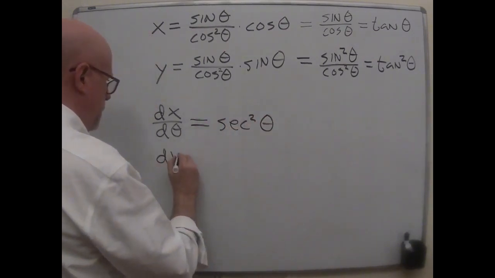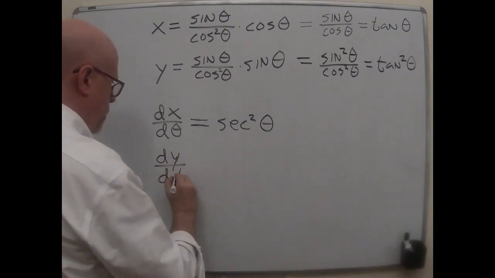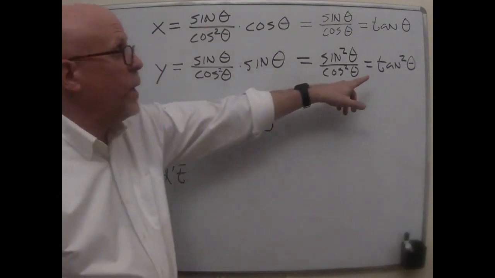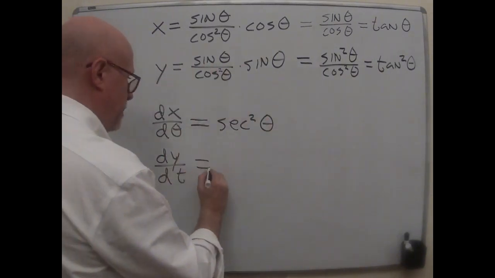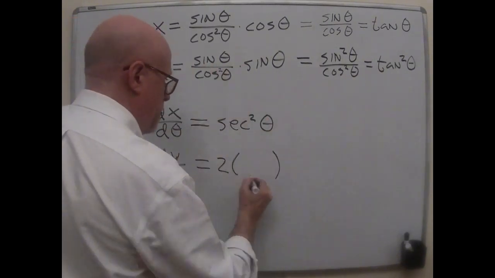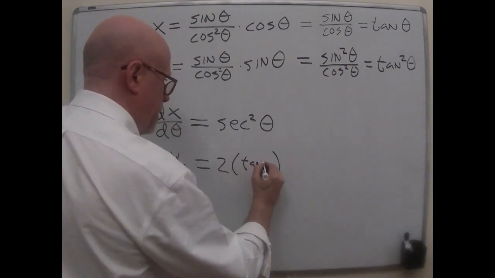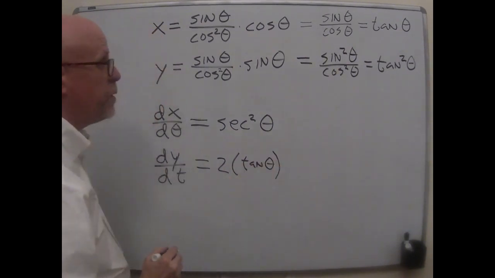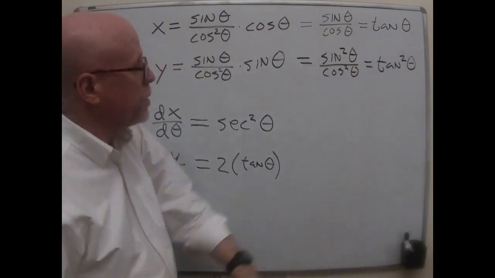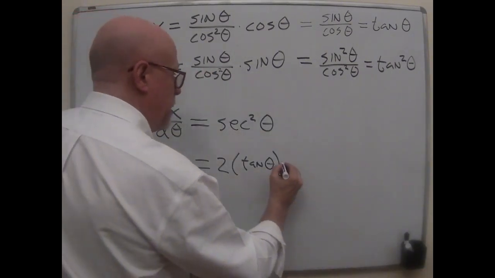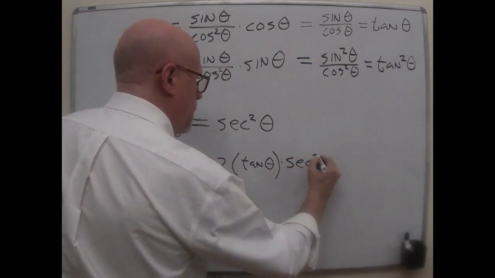And dy dt is the derivative of tangent squared, which would be the derivative of squaring, doubling, times the function it had on the inside. But this is a chain rule situation, right? So you also need to take the derivative of tangent, which again is secant squared.